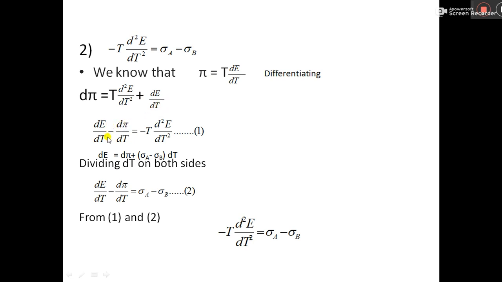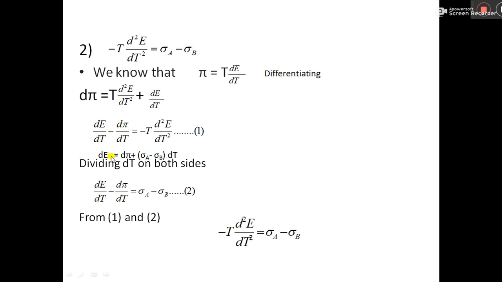So dE by dt minus d pi by dt is equal to minus T into d square E by dt square. Call this equation number 1.